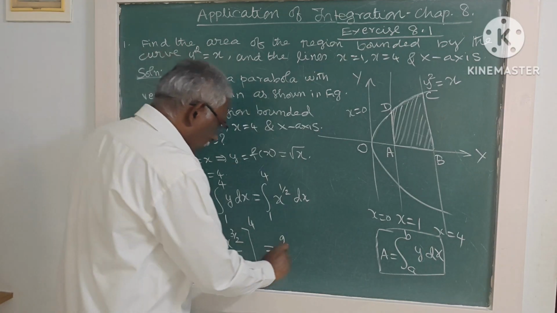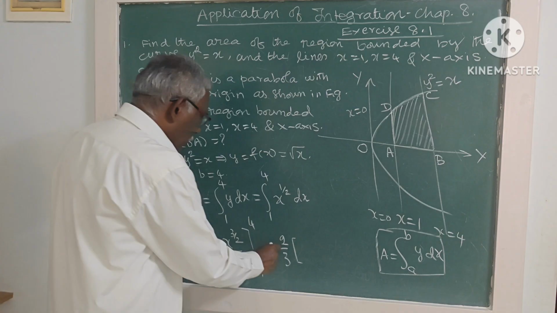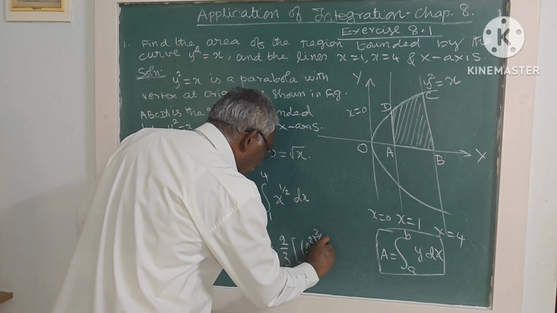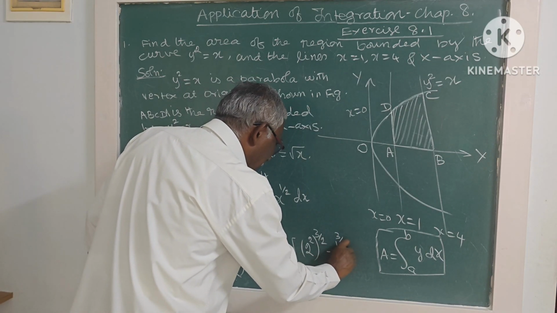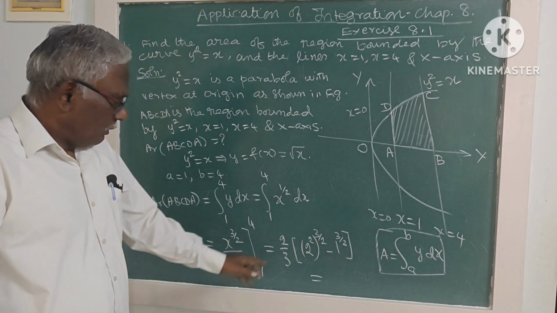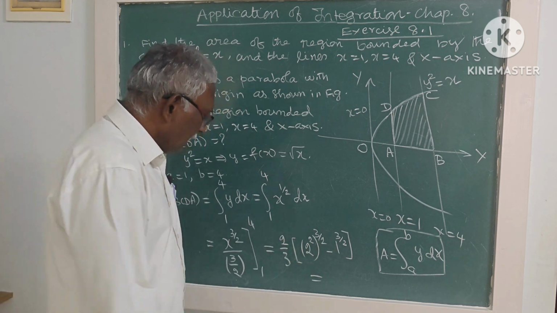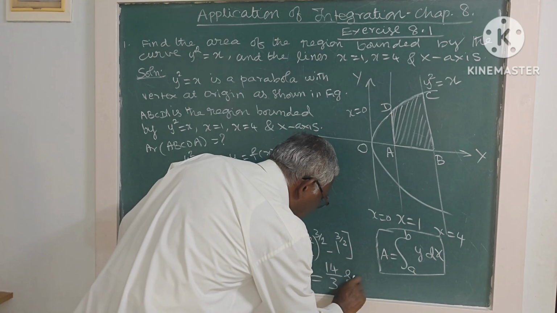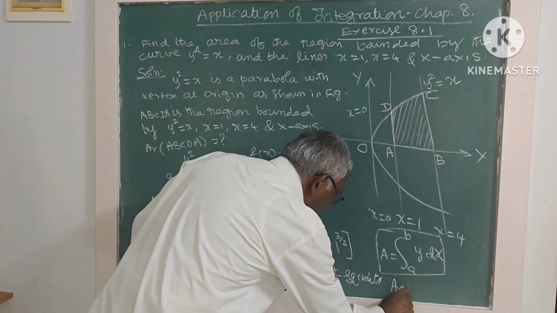For x, we will substitute 4. 4 we can write as 2 square, power 3 by 2, minus 1 power 3 by 2. 2 square power 3 by 2 is 8, minus 1 is 7. 7 into 2, 14. 14 by 3. So 14 by 3 square units. So this is the answer.